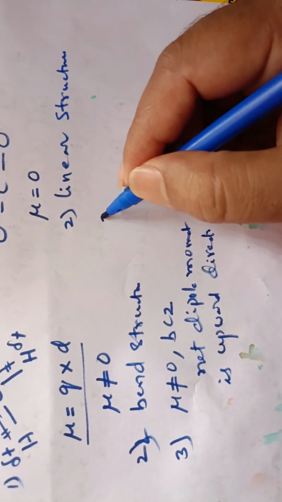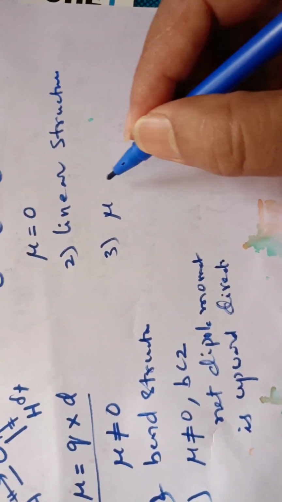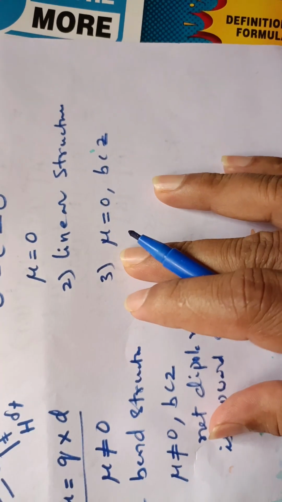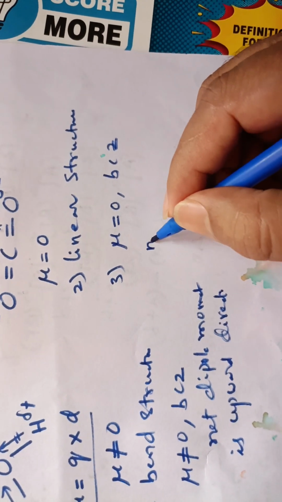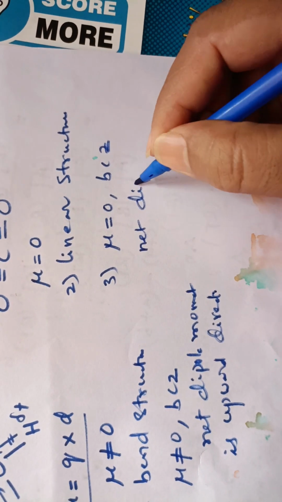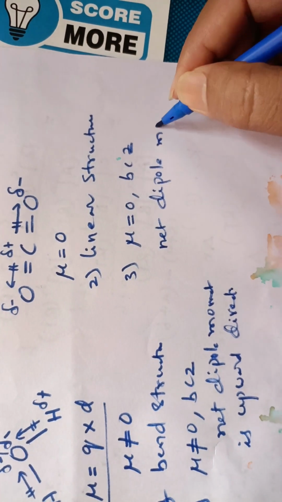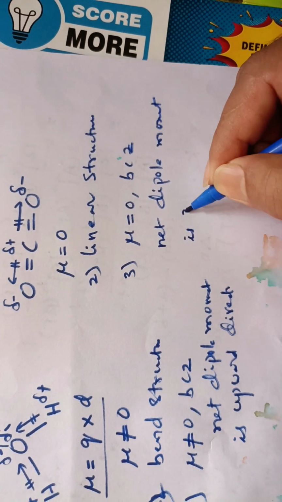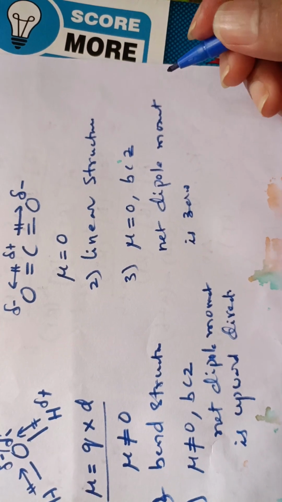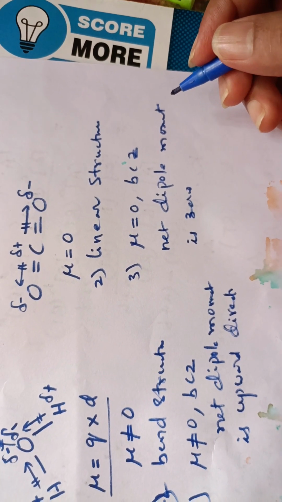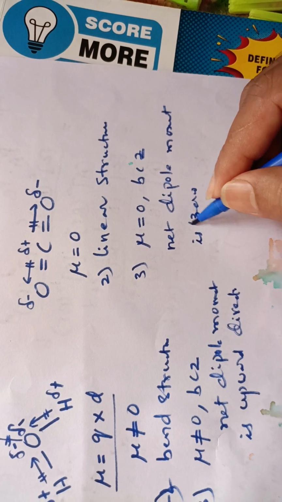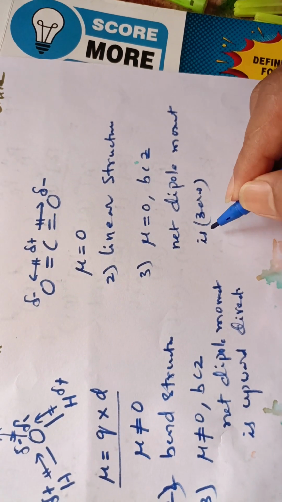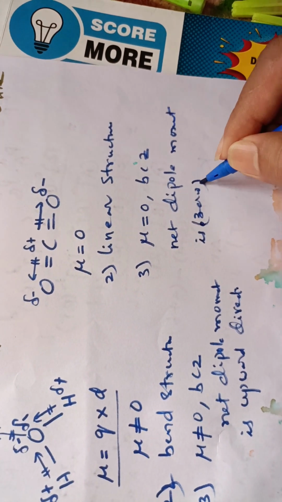Here mu equals 0 because the net dipole moment is 0. Or first you write net dipole moment is 0. Simply you write 0.